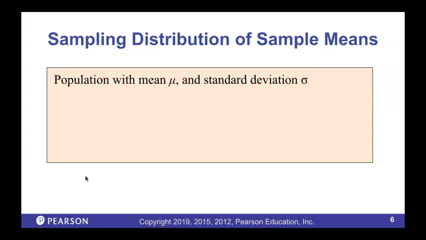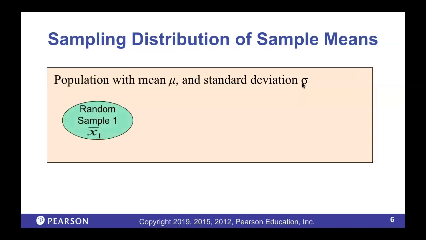Say that we have a population with this unknown average mu, the mean of the population. We use the symbol mu. For example, the GPA of all NOVA students. And it also has a standard deviation of lowercase sigma, right? So if you think about this orange box as the population, everybody that I'm interested in knowing about, I can take one sample.